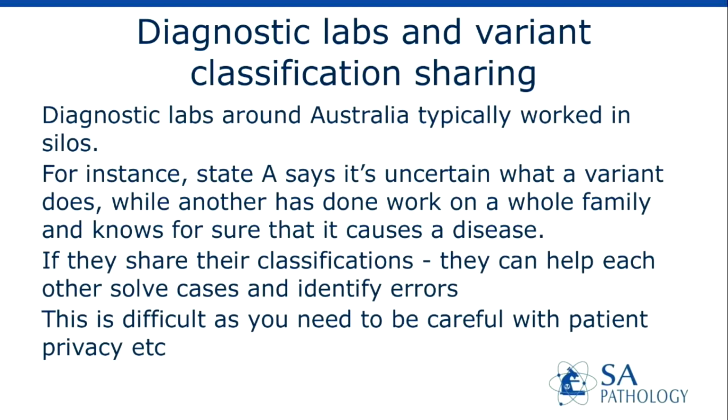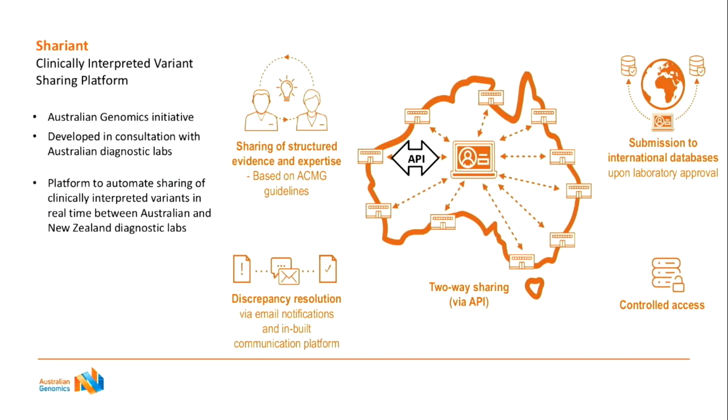Ideally we'd like to share, but it's really difficult because it's patient data, and there are all kinds of ethical and security issues to deal with. There's a group called Australian Genomics, a national group that sits above the states to help the individual states work better, especially better together.